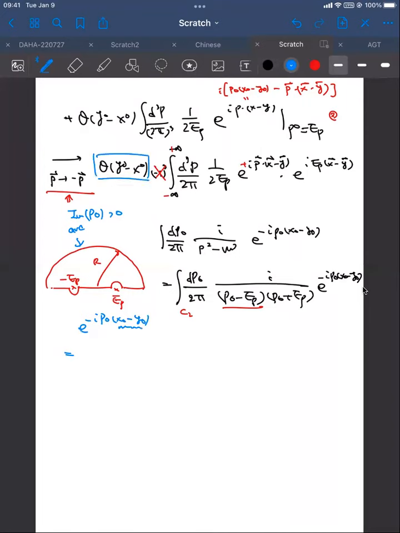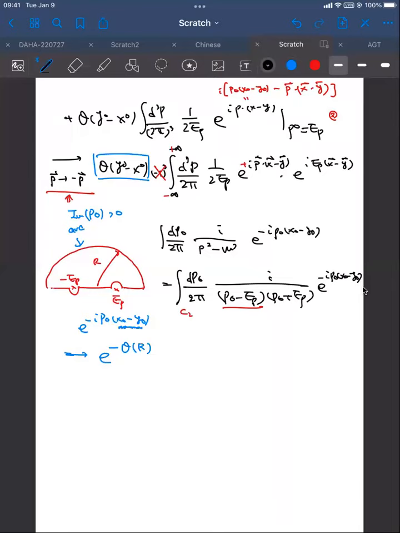So the exponent has a negative real part of order R, and the arc does not contribute when R is very big.